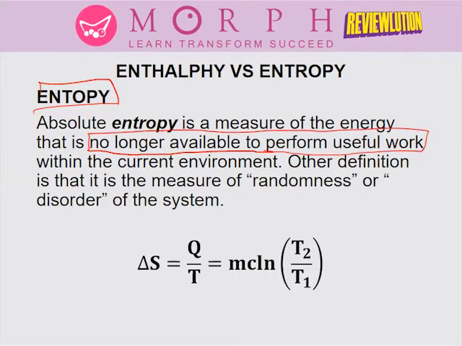So, pag sinabing enthalpy, basically useful. Kapag sinabing entropy, basically useless energy. Diba? So, ayun yung pagkakaiba nila. Enthalpy, useful energy. Entropy, hindi mo na nagagamit. And other definition of this entropy is that it is the measure of randomness or disorder of the system.